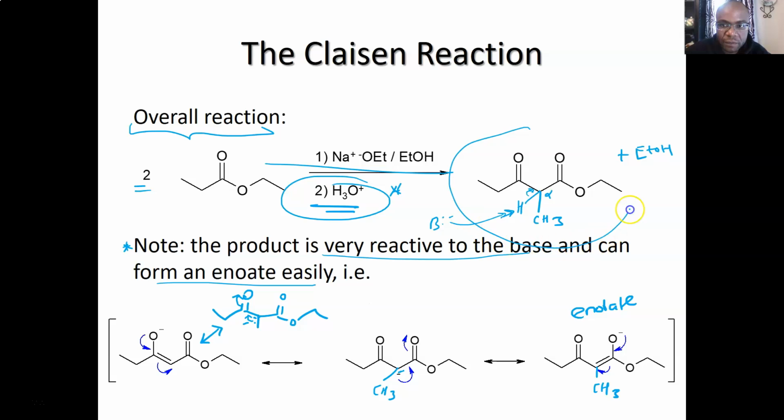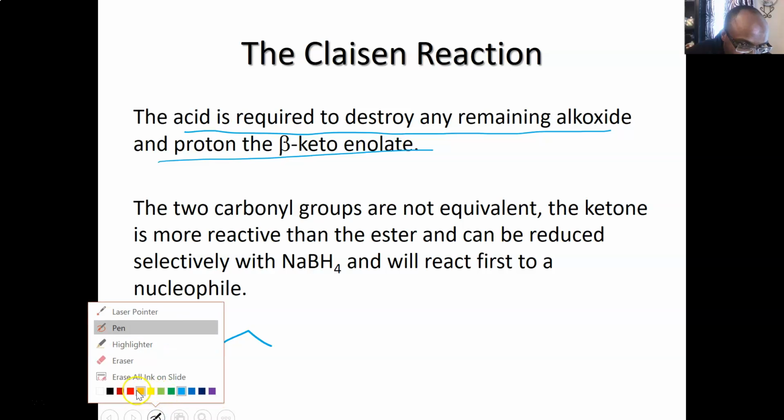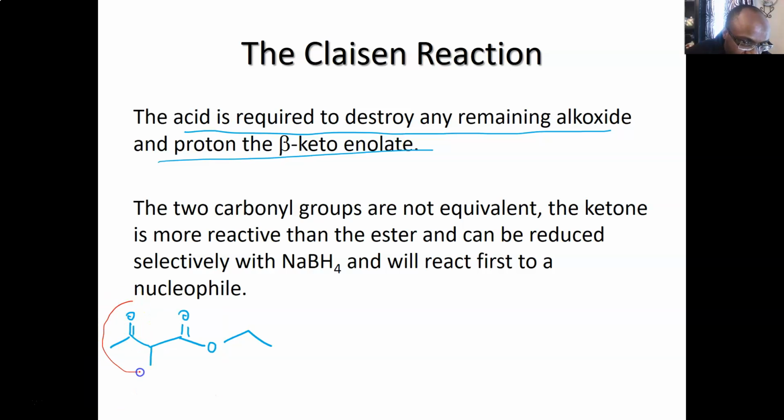This product, you have both a ketone and an ester. So if I am to circle the groups in the product, that looks like a ketone, right? And this is an ester.